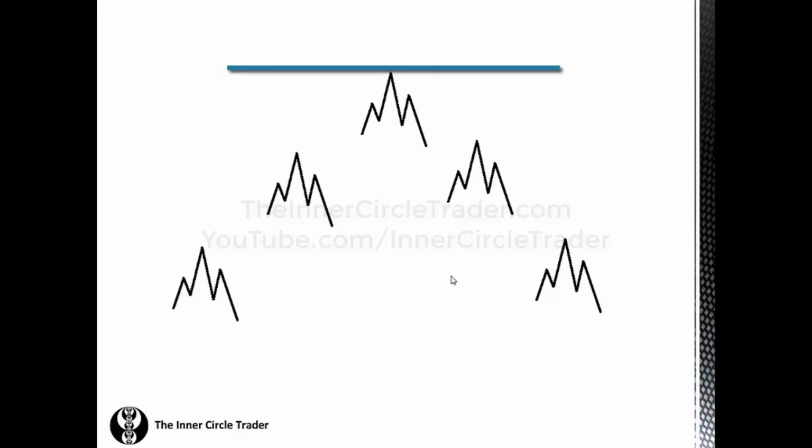Okay, but the overall framework, or price structure, this is how market structure is built. This is a price rally and a decline. Okay, we have consolidation.